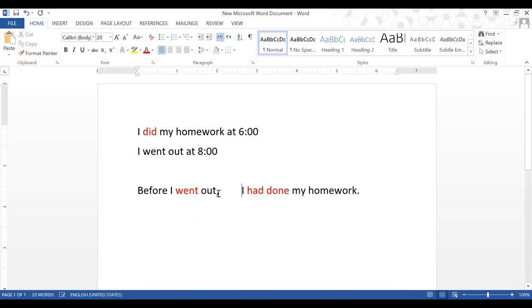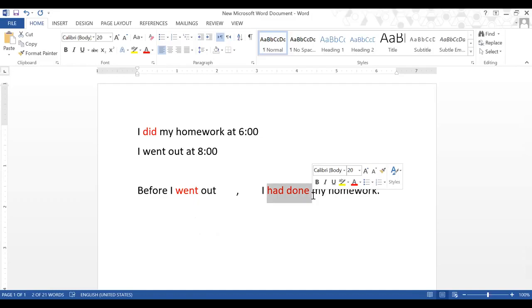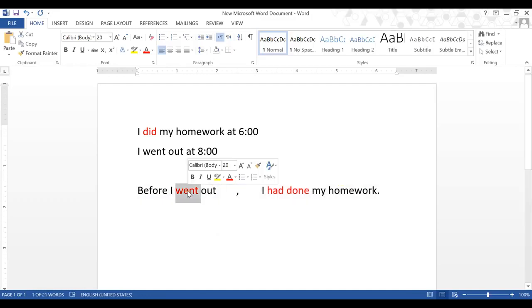This action, that action. Okay, look, went out, had done. I'm using had done in this one because it happened before another action, or let's say older than another action. Whereas this one, yeah, it happened later. Okay, so since it happened later, we use the simple past for it. So before I went out, I had done my homework.